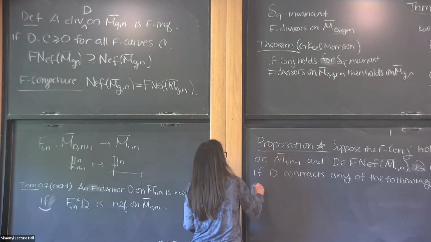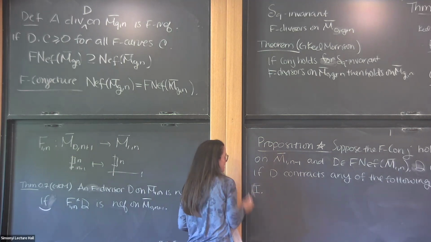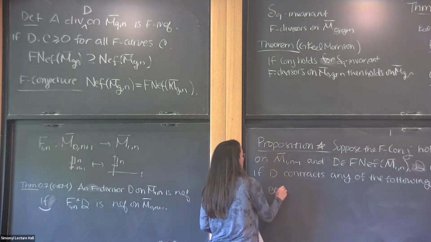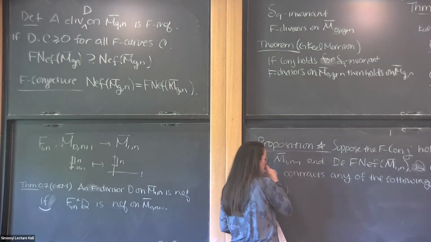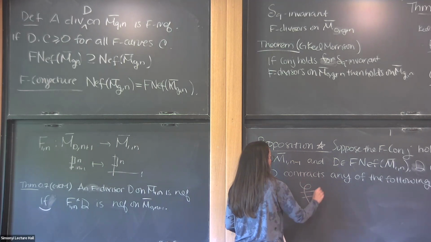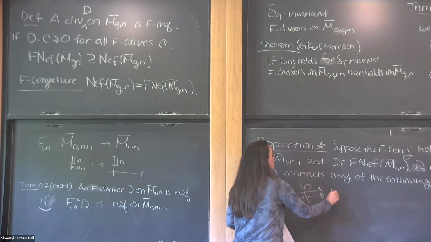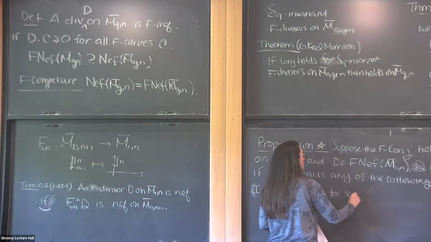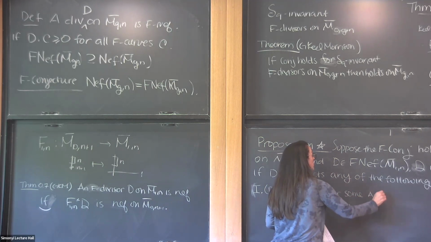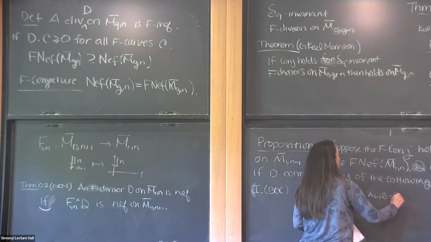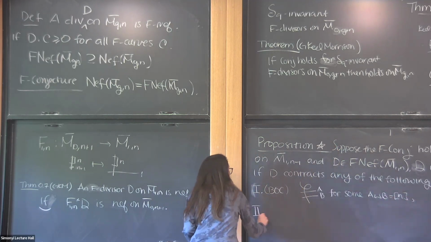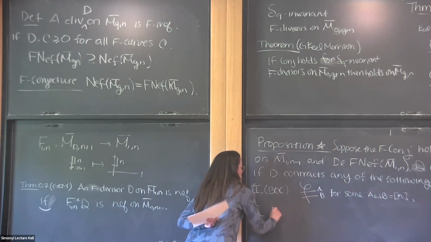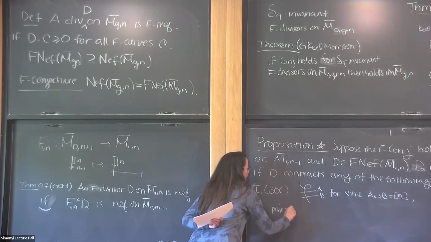So there are 3 conditions here. The first condition is that it contracts a beloved only child. So if it contracts any of these curves, for some 2 partition, or if it contracts any pair of sibling triplets.